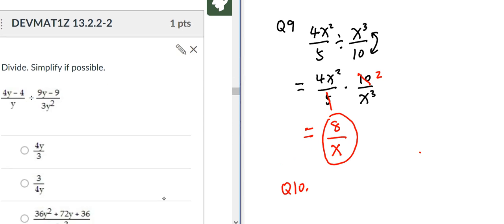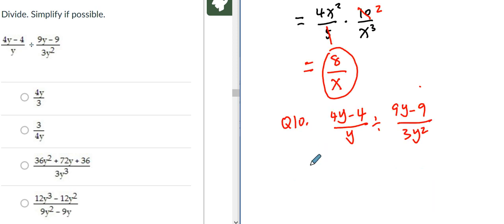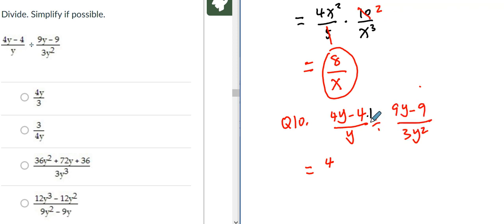Question 10 is 4y minus 4 over y divided by 9y minus y over 3y squared. So again, pull 4 out, and remember 4 is 4 times 1.